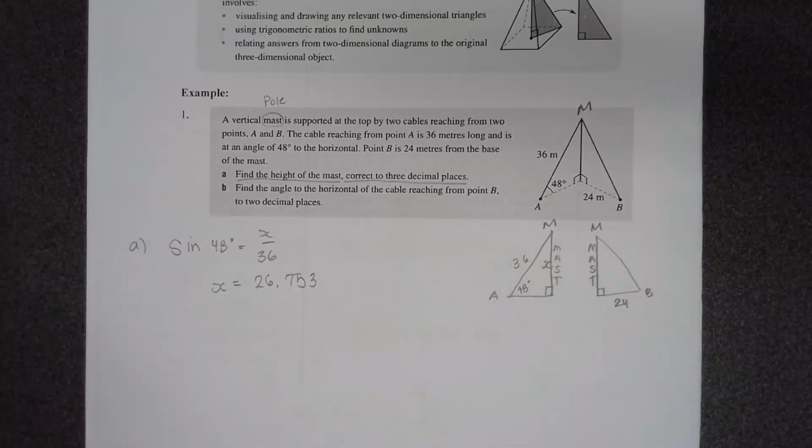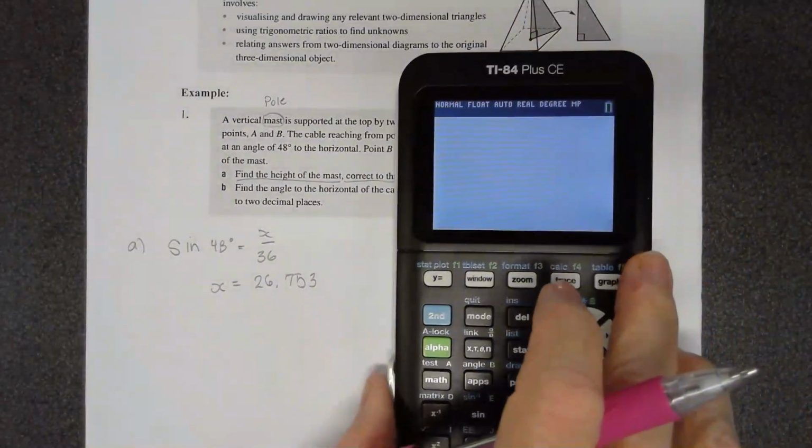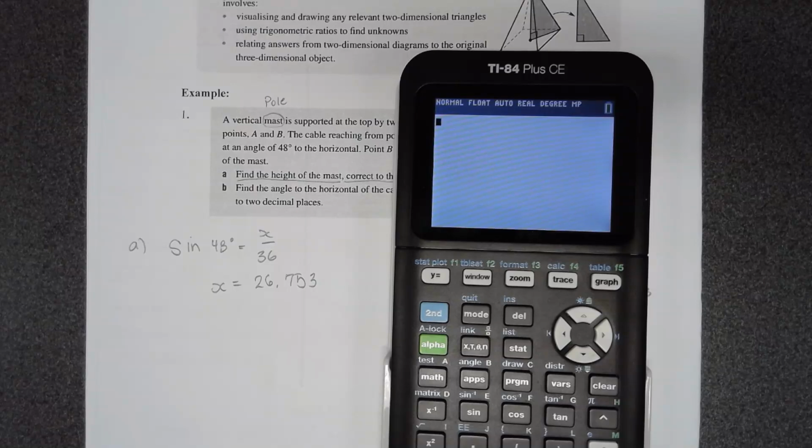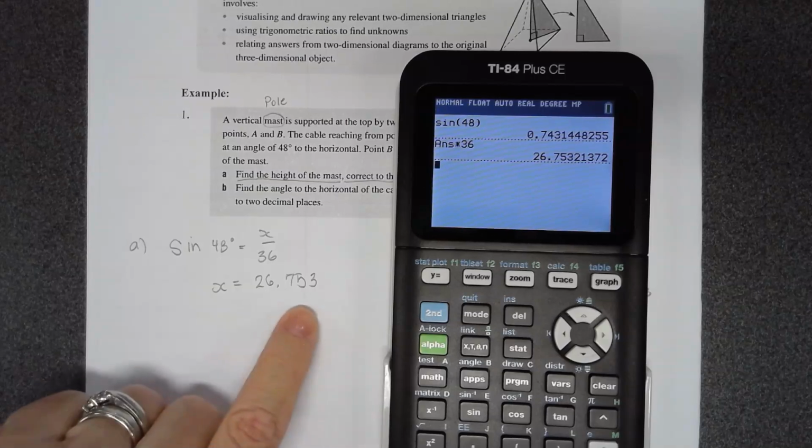It's the opposite, so with my big calculator, I'm going to do sine 48, and then times by 36. And that looks right, 26.753.